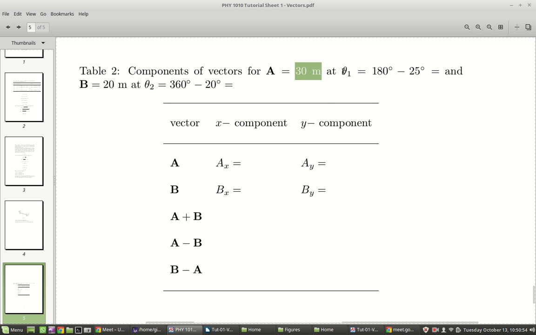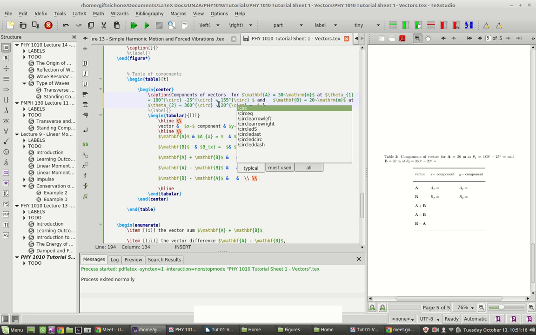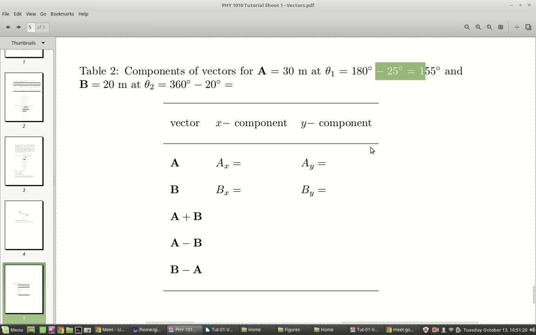The angle it makes, theta 1, is 180 degrees minus 25 degrees. 180 minus 25 is how much? 155 degrees. So that is the angle vector A makes from the positive x-axis.